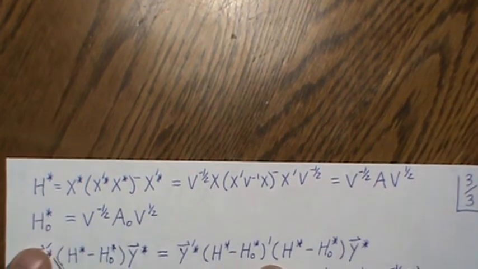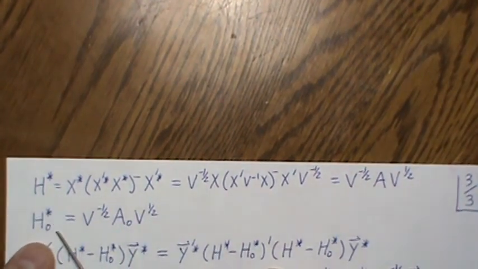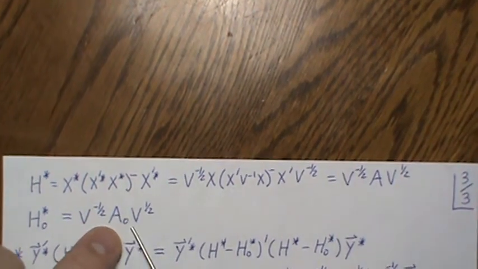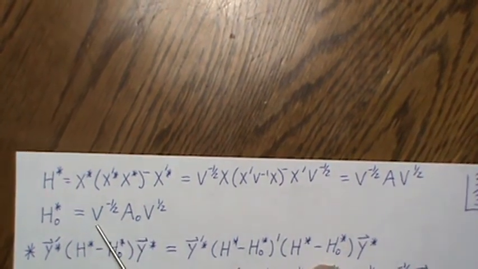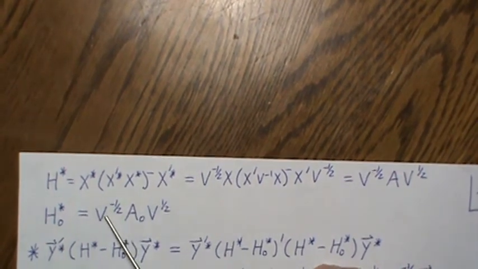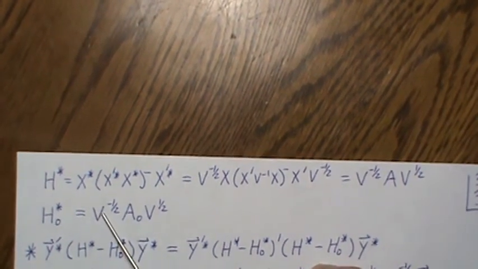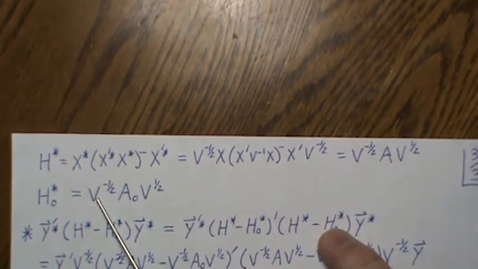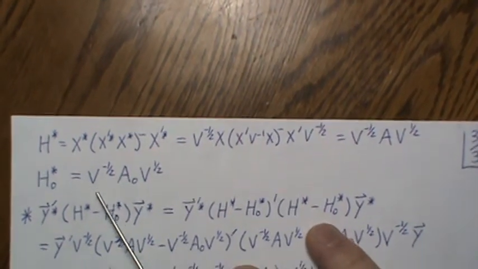Similarly, you can do that for H naught star. It would reduce to this. V to the minus 1/2 is, of course, the inverse of the square root matrix, and V is the variance covariance matrix, the known component.